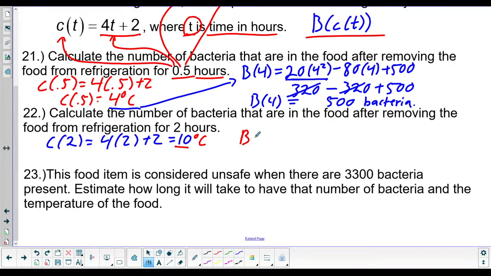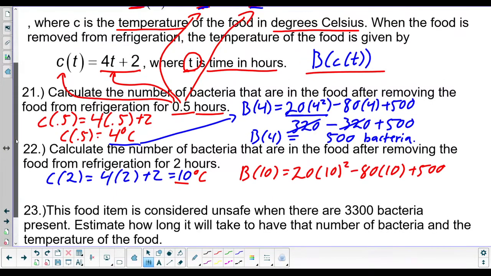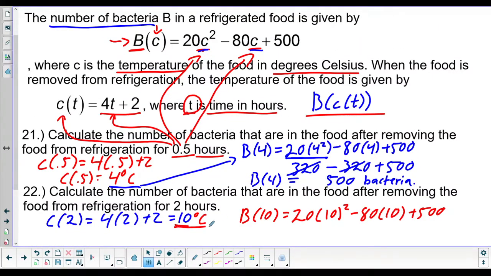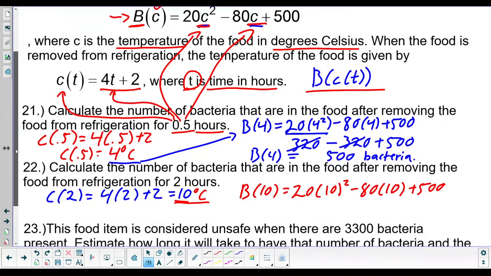So we're going to do B of 10 equals 20 times 10 squared minus 80 times 10 plus 500. So all I'm doing is plugging in the answer from our temperature equation to the C's here and here in the bacteria equation.